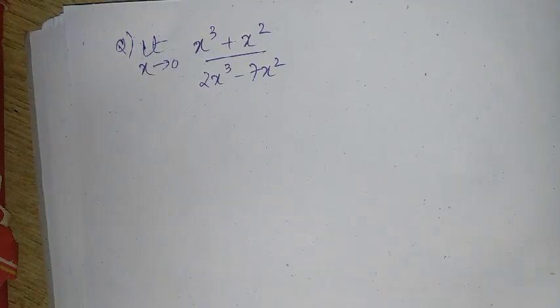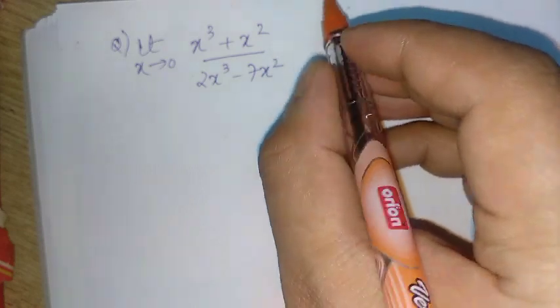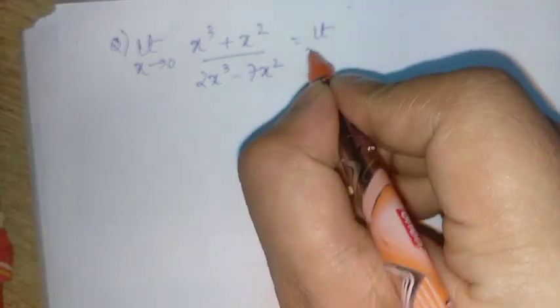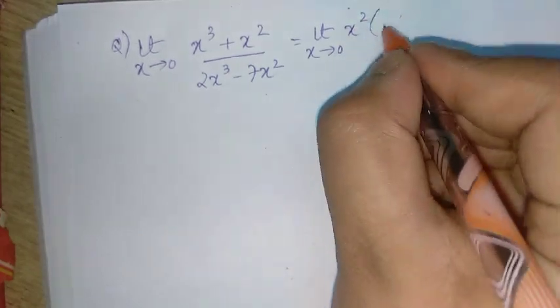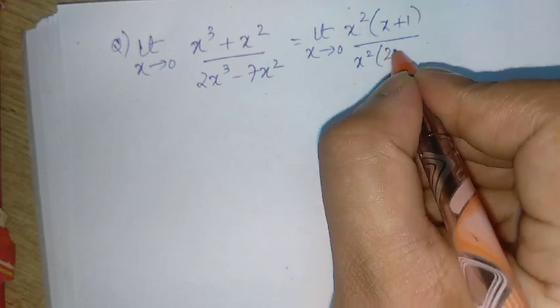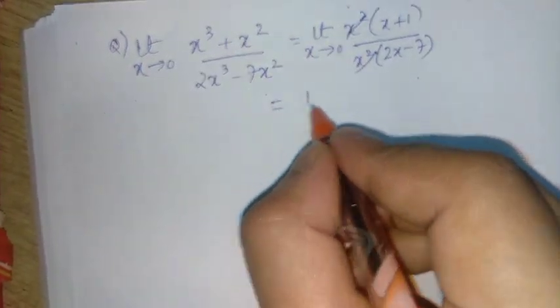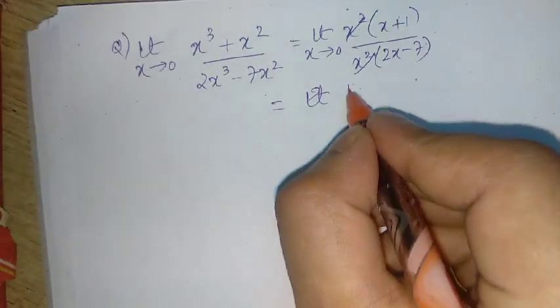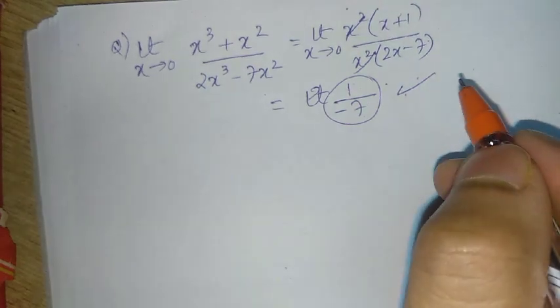Okay, so this is our question here. How to solve this question? We will take x square common in numerator as well as denominator. So we will get x plus 1, and here also x square, we will get 2x minus 7. So x square gets cancelled. In the next step we just put x equal to 0, so we will have the answer as minus 1 by 7. This is your answer.